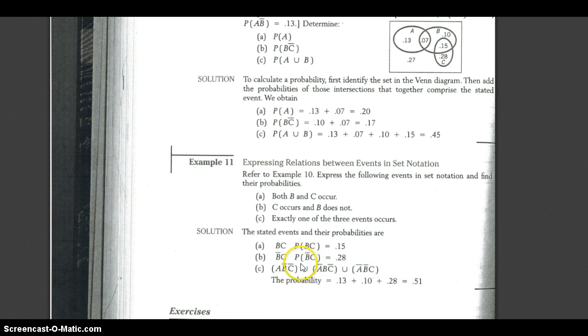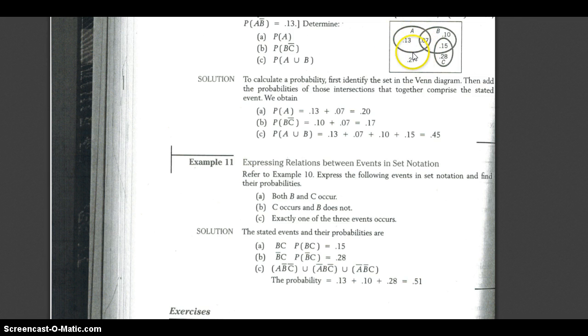And so let's look at the picture. First we do A, B bar, C bar. Which part in the picture falls in A but falls outside of B and C? So we focus inside of A and outside of B and C. That's the left part.